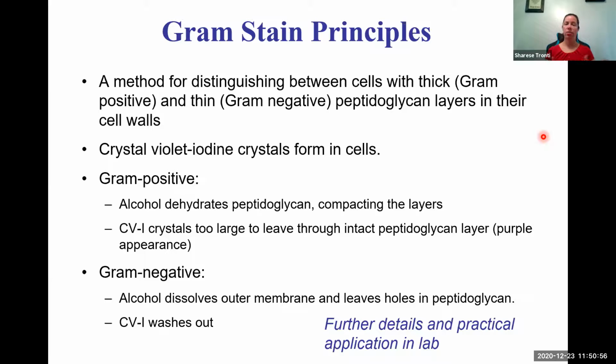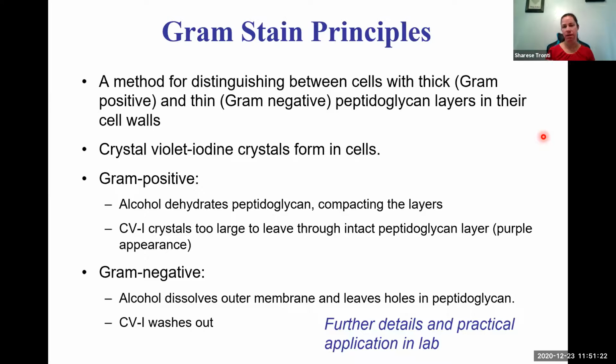So the alcohol is going to dehydrate that and compact those layers together. So that then the crystal violet and iodine crystals that are inside the cell can't be rinsed out. So that's going to keep that crystal violet in the cell. Crystal violet, like the name says, is purple. Okay, so those cells are now permanently purple because we've locked it in.